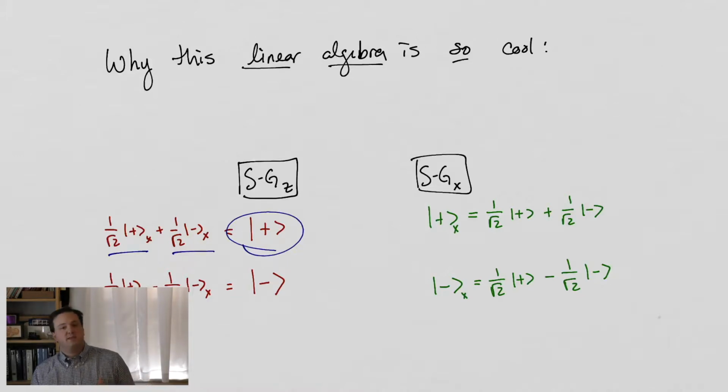So what this is saying is that if I measure the z component, then that measurement tells me that I'm no longer in a pure state, or maybe I never was, but I'm not in a pure state for the machine that's oriented sideways. And therefore, if I send that plus into the machine that's oriented sideways, I can make a prediction as to whether that plus is going to be a plus x or a minus x.